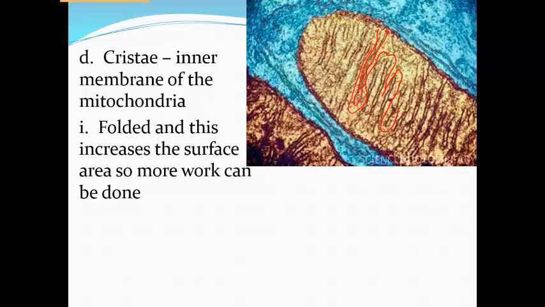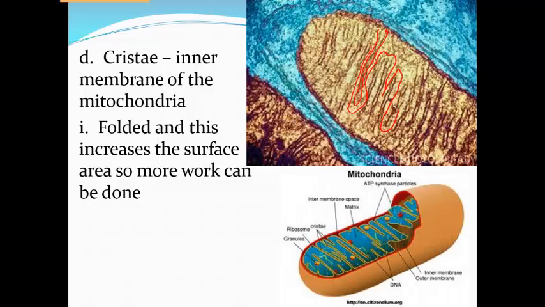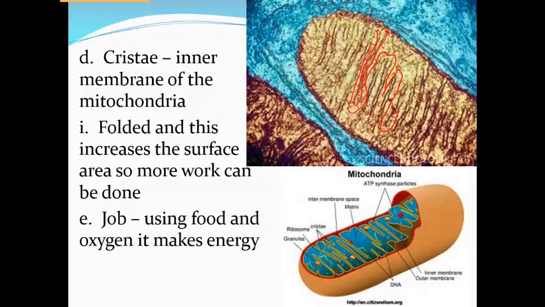So the cristae provide a really large work surface. There's just another picture. So their job is to use food and oxygen and to make energy, like I put on the last slide. Food plus oxygen equal energy.